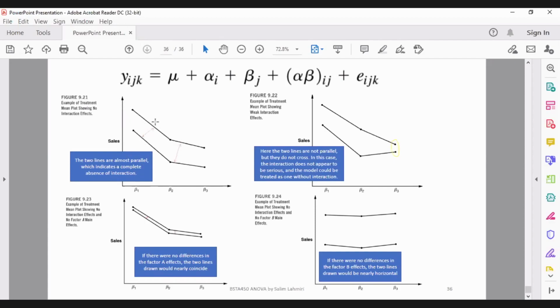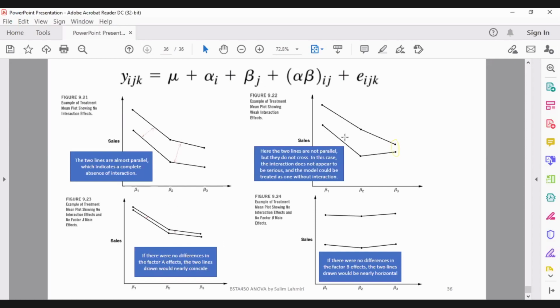The two lines representing alpha and beta are quasi-parallel, so they are not interacting. It means that there is no interaction effect. For this one, if there were no differences in factor A effects, the two lines drawn would nearly coincide. So the effect is very marginal.